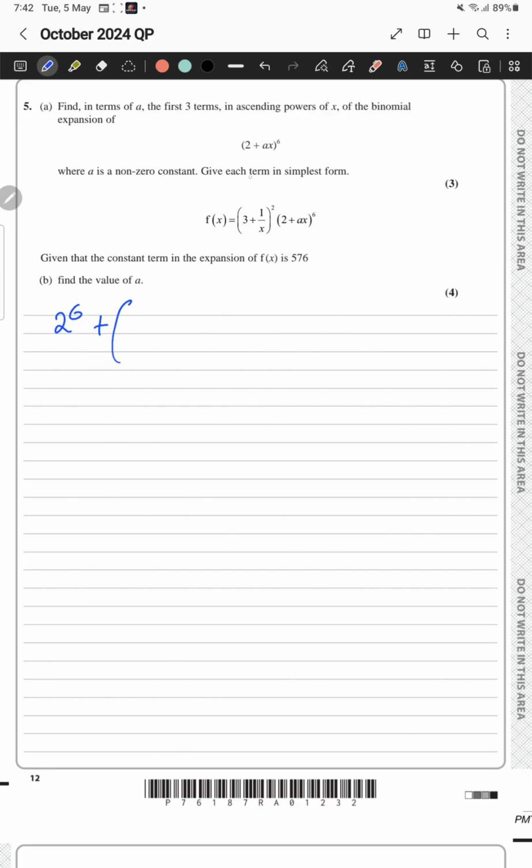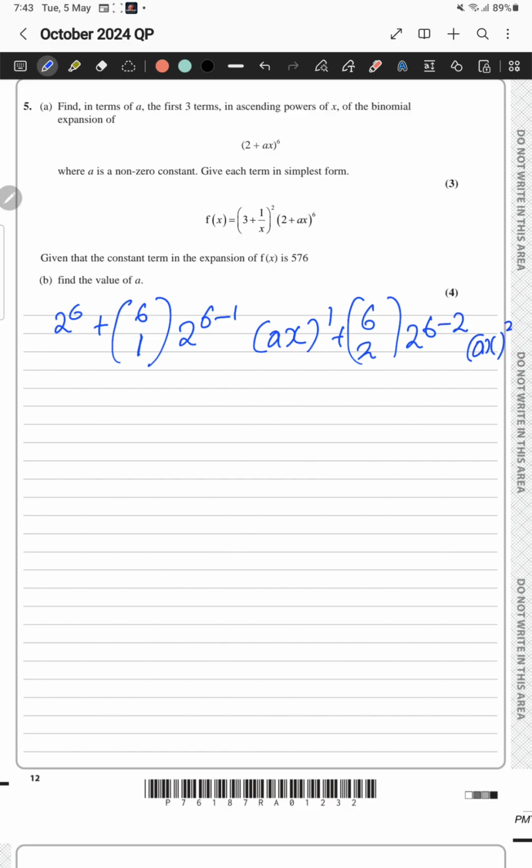The n is going to be 6, r is going to be 1, a is going to be 2, 2 to the power of 6 minus 1, and this is going to be ax to the power of 1. Our third term, 6, 2, 2 to the power of 6 minus 2, and (ax) to the power of 2.